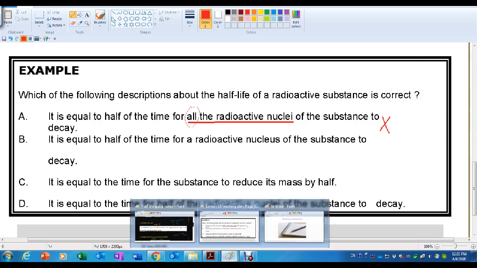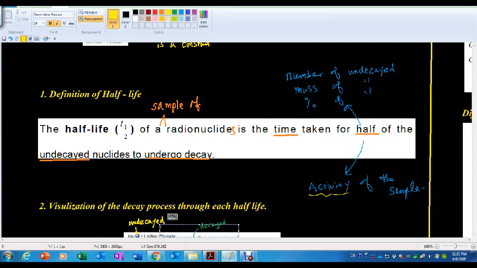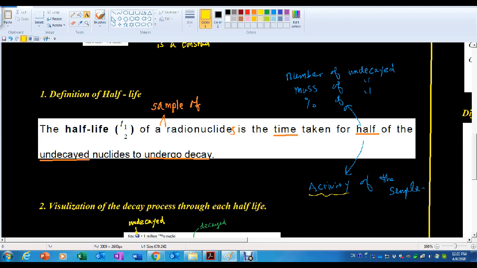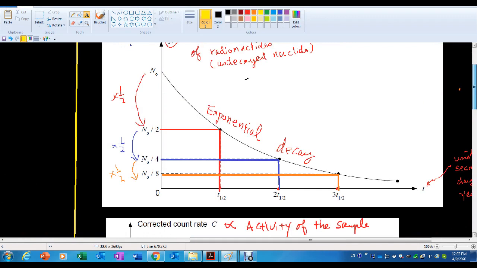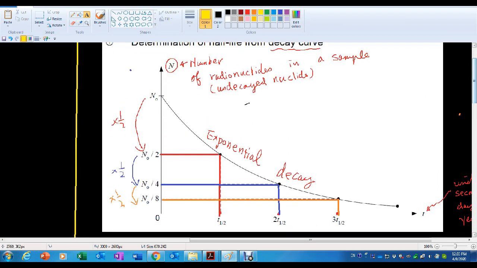Because when we look back to our graph, this is what we call the decay curve.